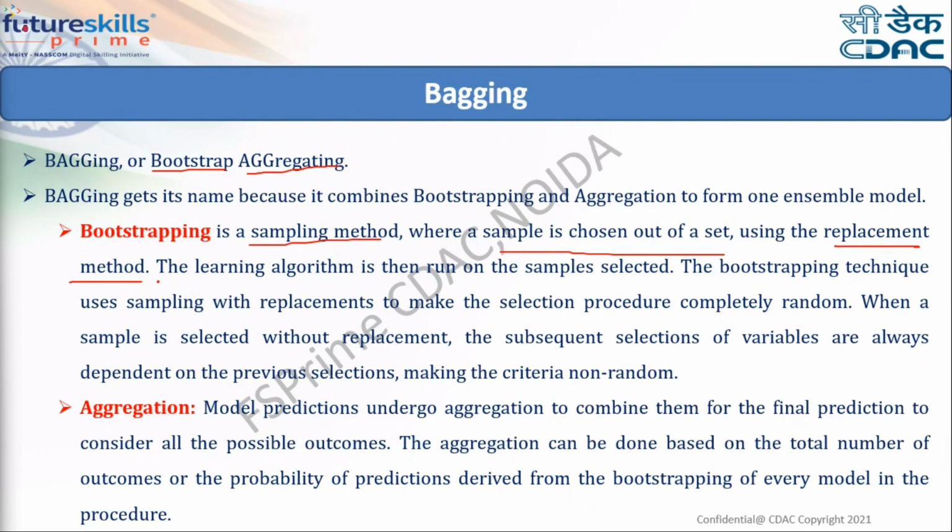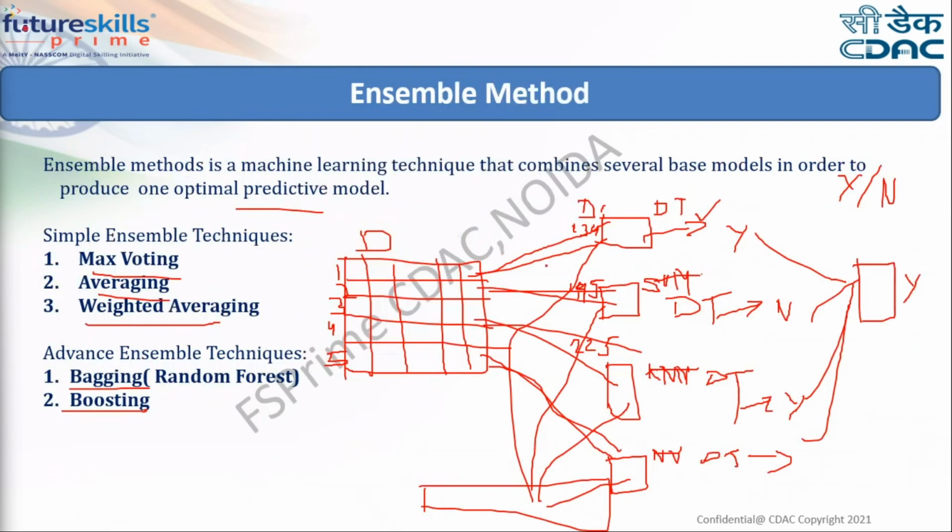Those rows will be placed back into the data set, and can be selected for the new model. So it is with replacement. Now the learning algorithm is then run on the sample selected. After giving the data set, the training will be done for the given data set.